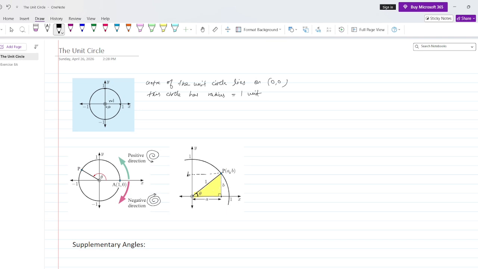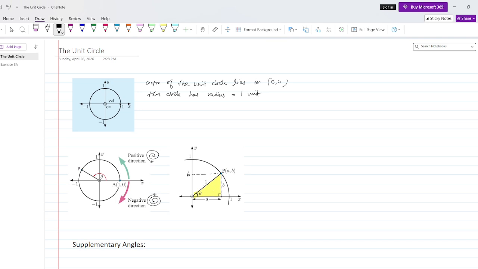So this point we can say it is at A comma B. So it is A units in x direction, B units in y direction. We know since the radius of this circle has to be constant all over, this is the radius here. This length has to be 1.